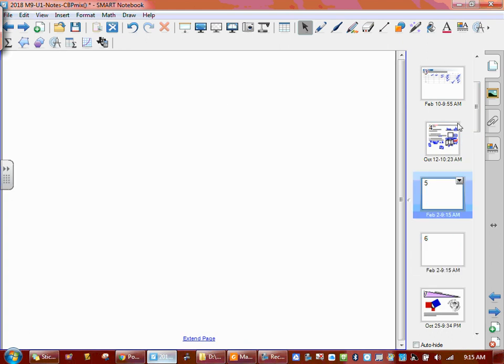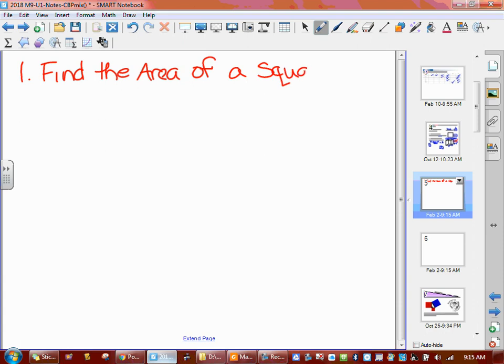If I want to find, so question 1, find the area of a square with a side of 2.5 centimeters.